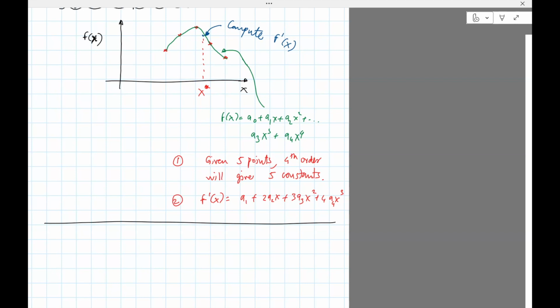It turns out that if you want to go more in detail, if you have like 20 points, then you probably don't want to use a 19th order polynomial. That's because with that high order, once one point moves a little bit, all the constants will change in that polynomial, because the curve fit is based on all the 20 points. What they typically do is they'll usually fit a spline between 2 points.